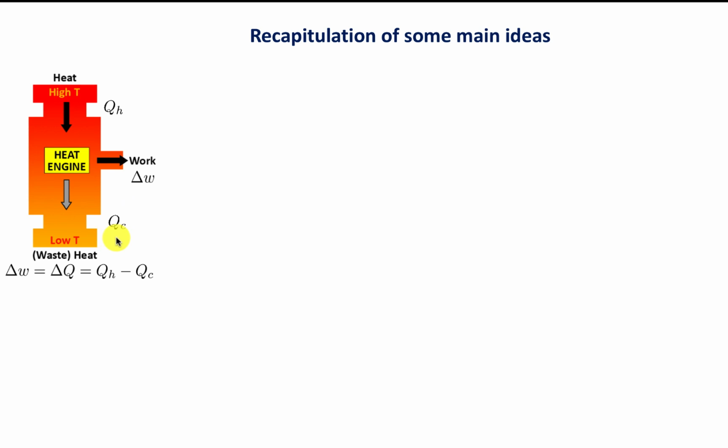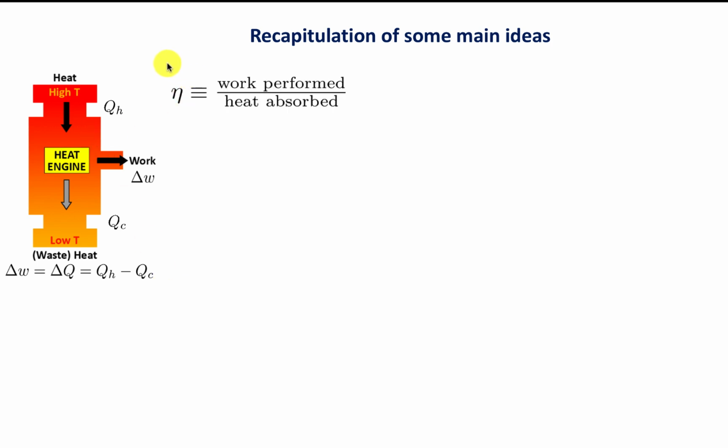The amount of that is Q cold, and the amount of work that we get out is equal to the net amount of heat that we put in, delta Q, which is the difference between QH and QC. This, of course, is nothing but the conservation of energy, or the first law of thermodynamics.